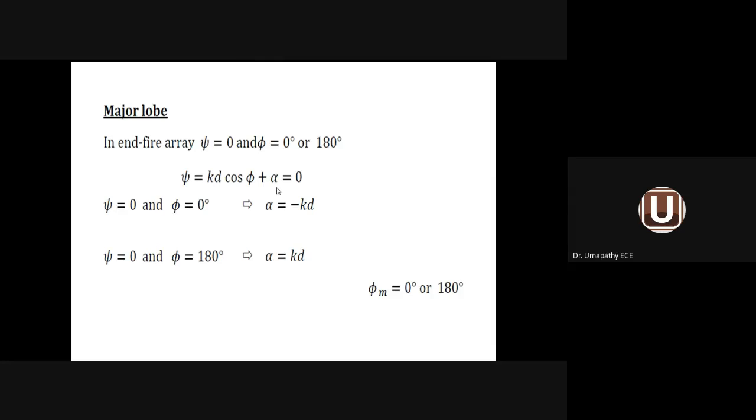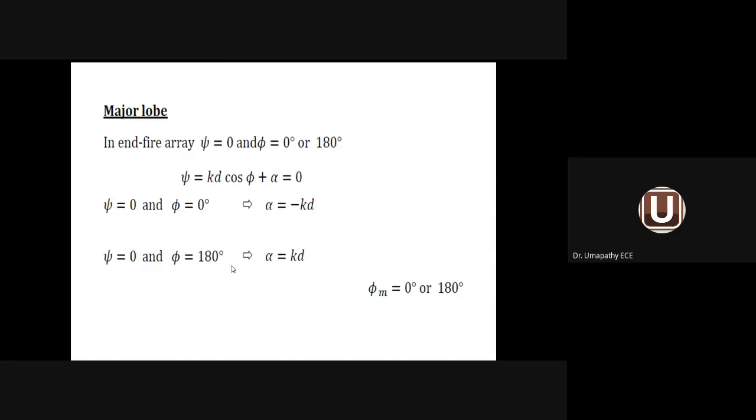But in this case, alpha will not be 0 because I told you same amplitude and opposite phase. Opposite phase means alpha value will not be equal to 0. Same amplitude and same phase means alpha will be equal to 0. So here, opposite phase means you can see alpha equal to minus KD if pi equal to 0.